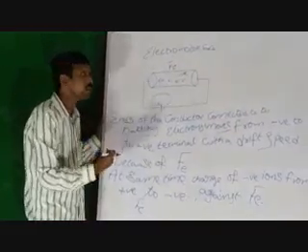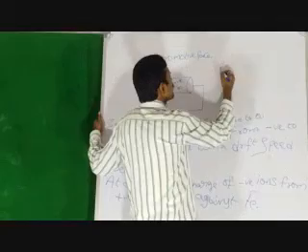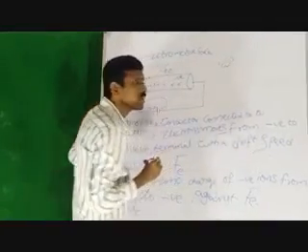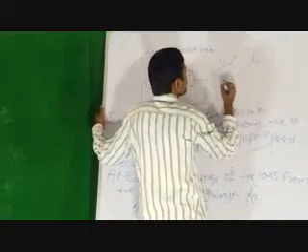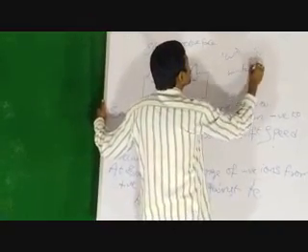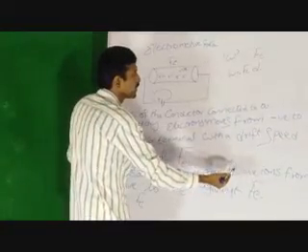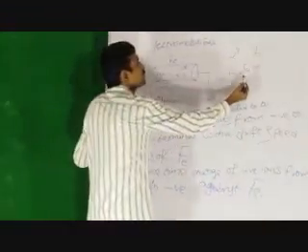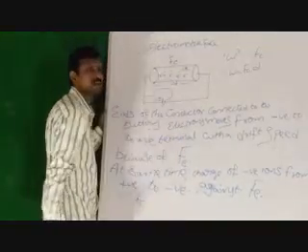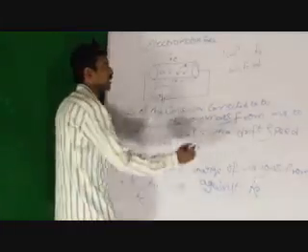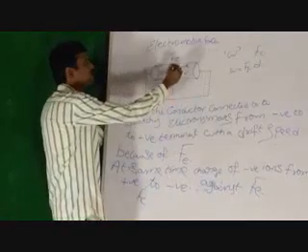Here the work done W by the chemical force Fc is equal to Fc into D. D is the distance of the conductor, and Fc is the chemical force spent on the conductor.